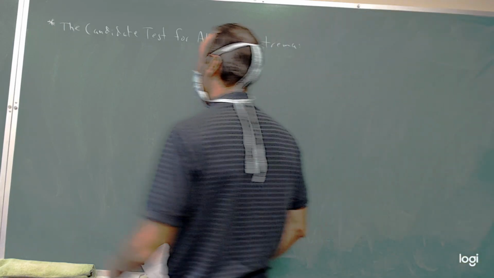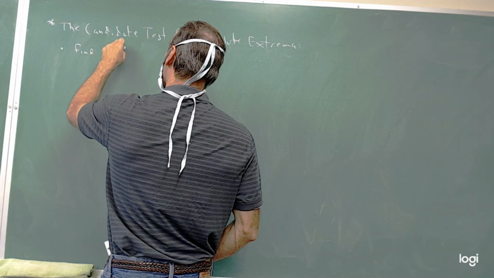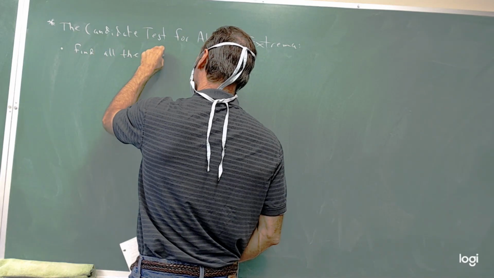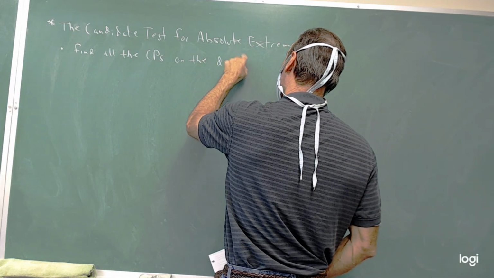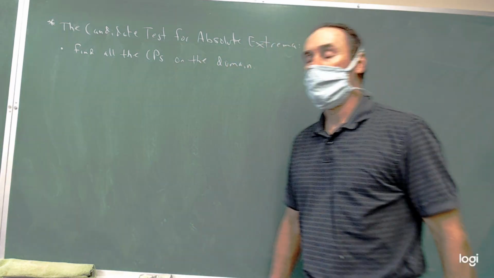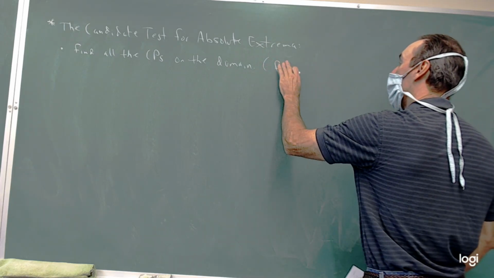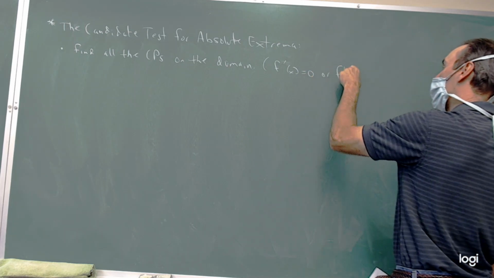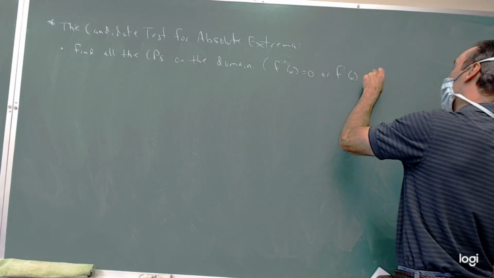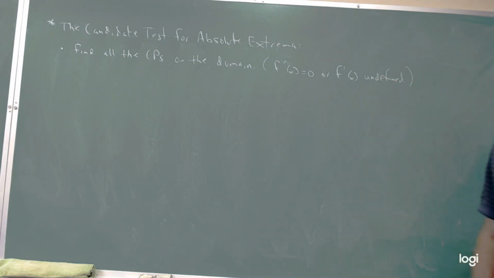So what we do is find all the critical points on the domain. Where's the derivative 0? Where's the derivative undefined? f prime of x equals 0 or f prime of x undefined. So you find those x values. Take the derivative, set it equal to 0, solve it.